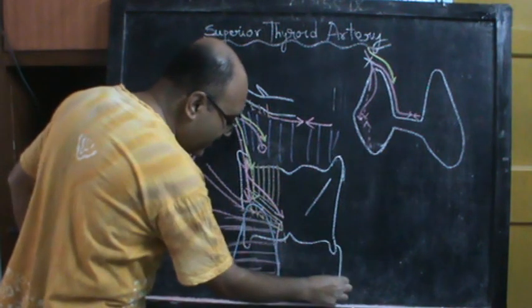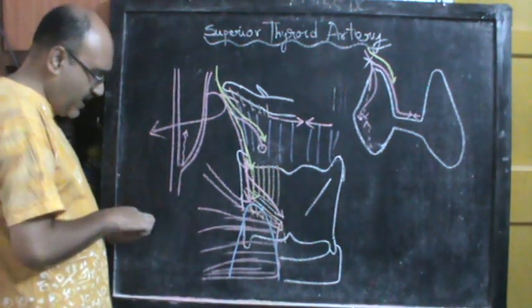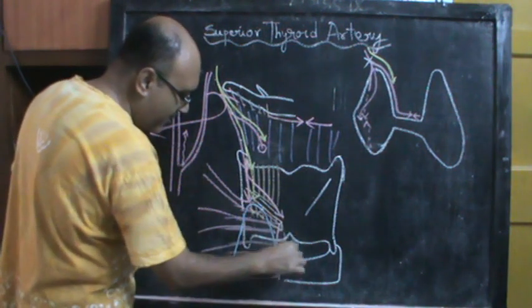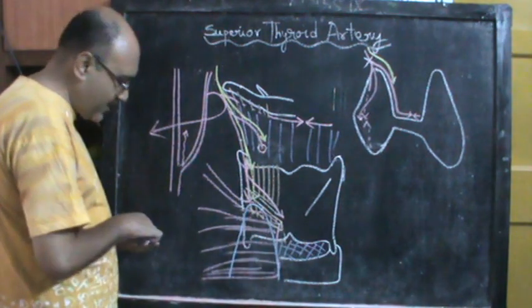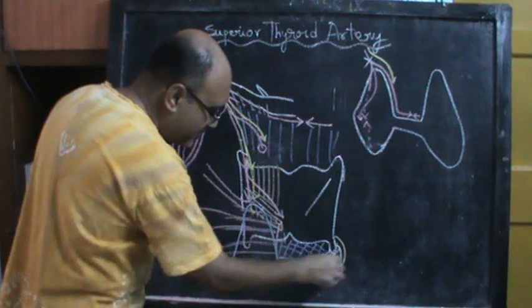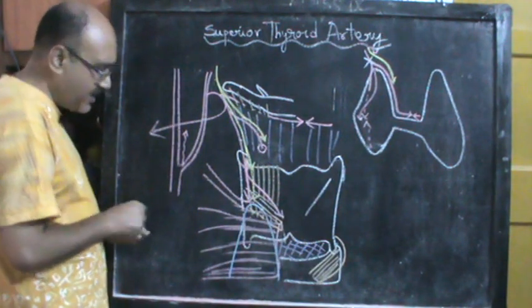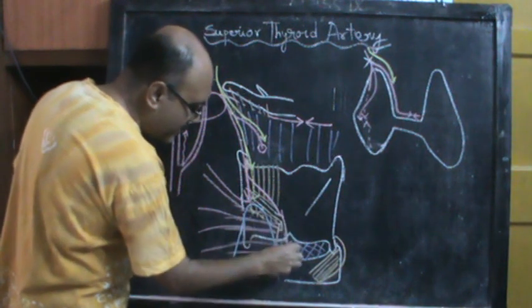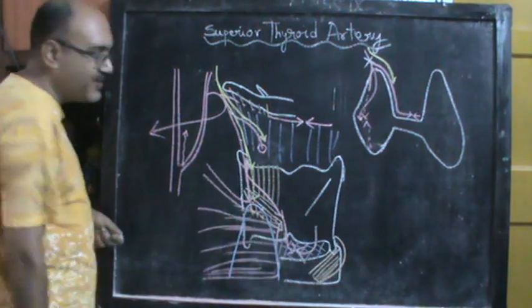If you have to draw the cricoid cartilage, you draw it like this. Between the thyroid and the cricoid you have the cricothyroid ligament over here, and you also have the cricothyroid muscle over here. And you have the cricothyroid artery. This cricothyroid artery comes over the cricothyroid ligament and anastomoses with its fellow from the opposite side.